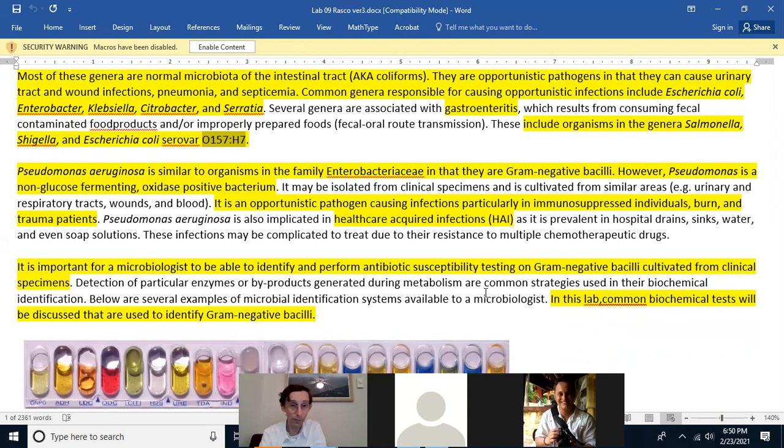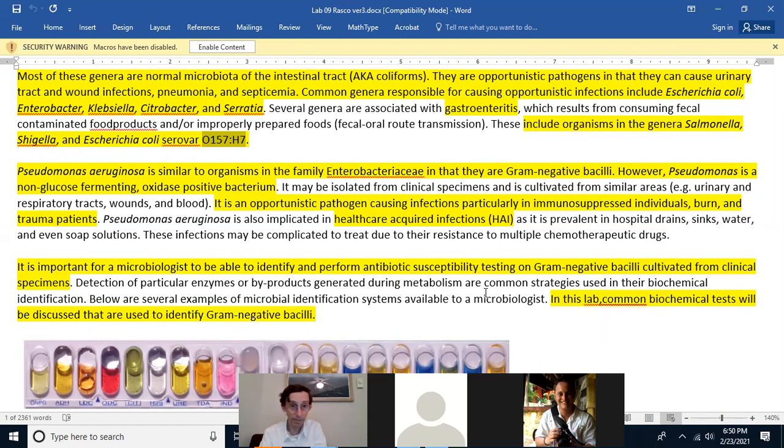So this is one way, or I guess two ways, to separate the members of the Pseudomonaceae family from the family Enterobacteriaceae. Pseudomonaceae do not ferment glucose, and they're oxidase positive. The Enterobacteriaceae ferment glucose, and they're oxidase negative.